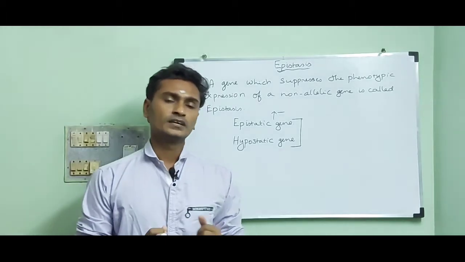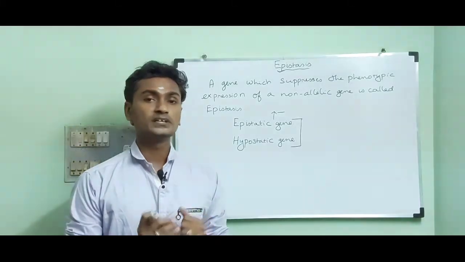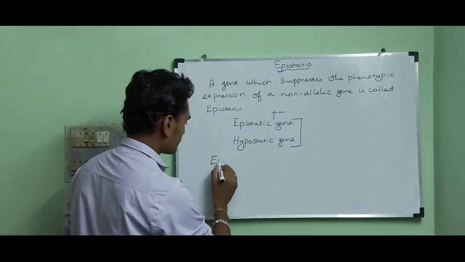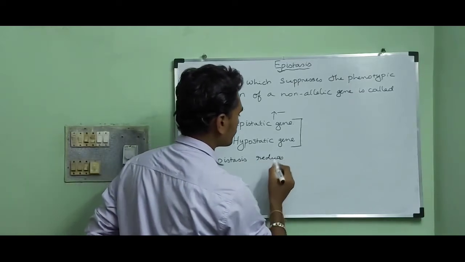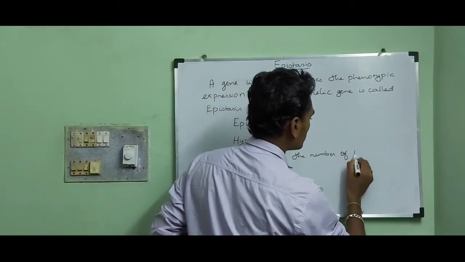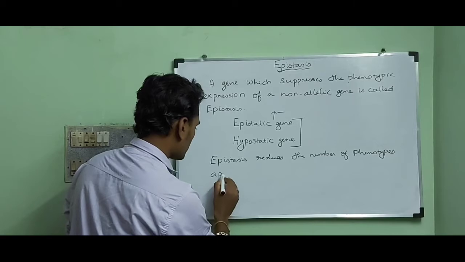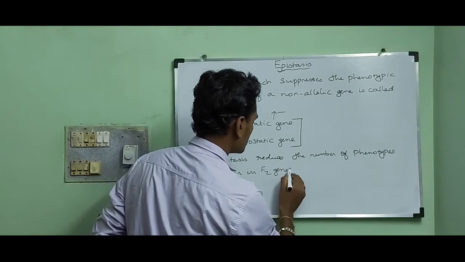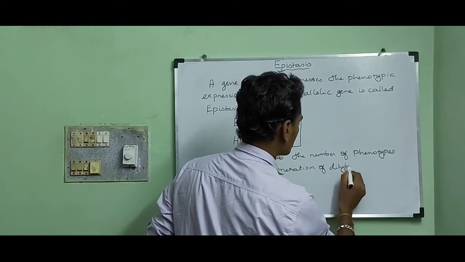Epistasis reduces the number of phenotypes appearing in the F2 generation of a dihybrid cross.